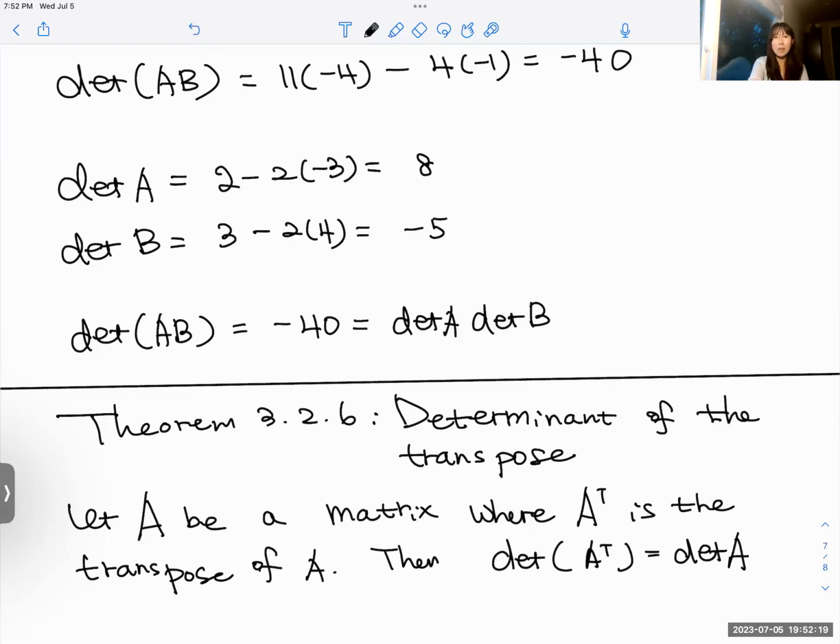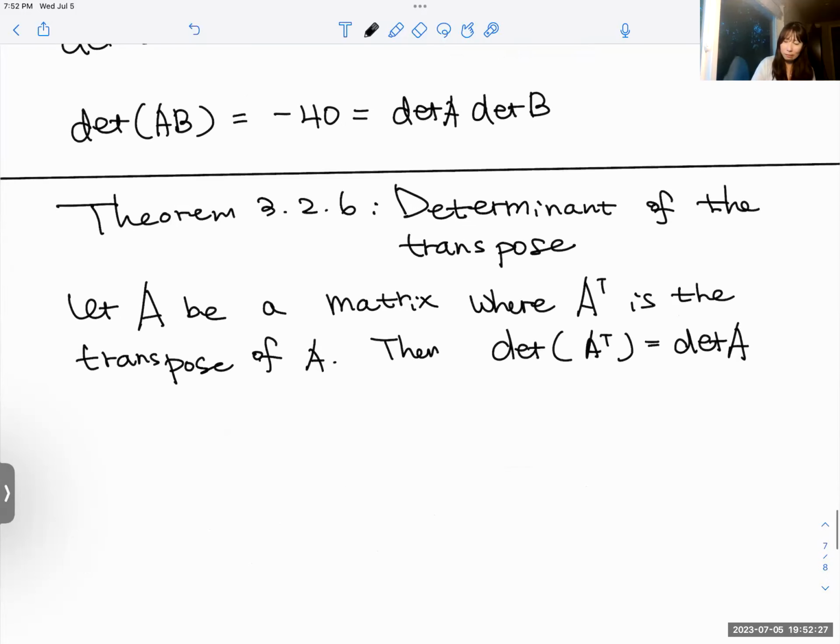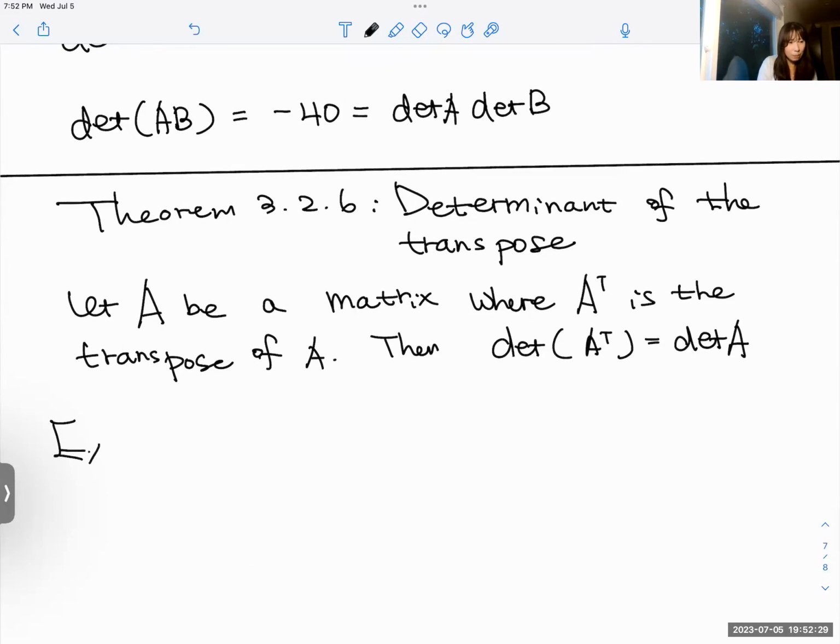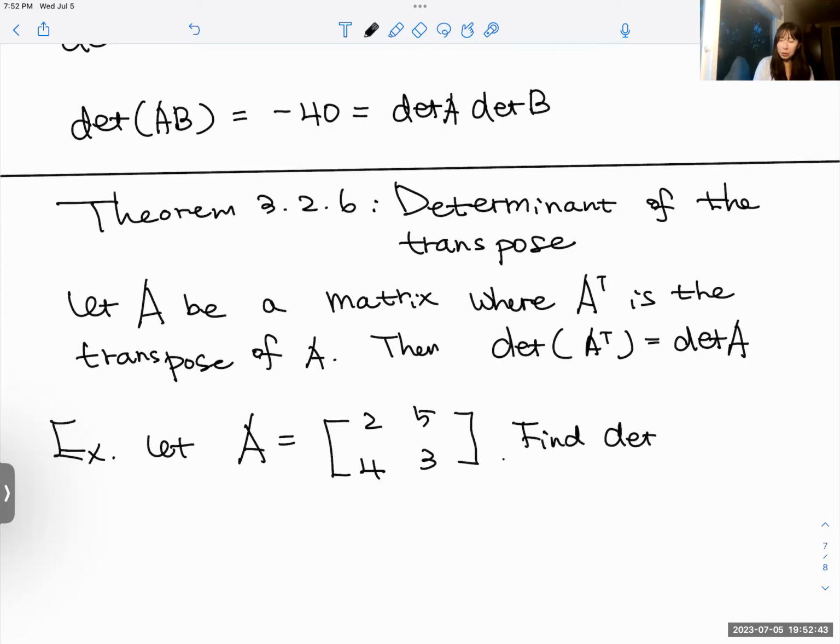Okay, so let us do an example. Let A equal to 2, 5, 4, 3, and find the transpose of determination.